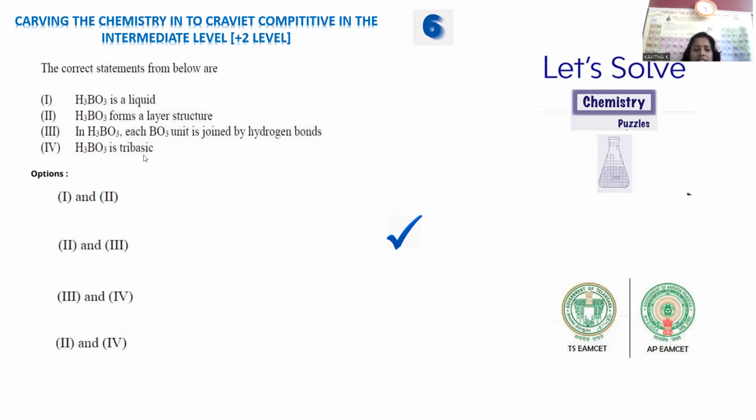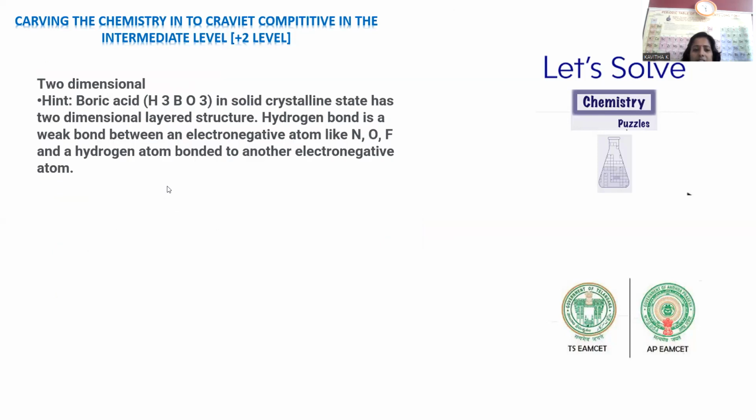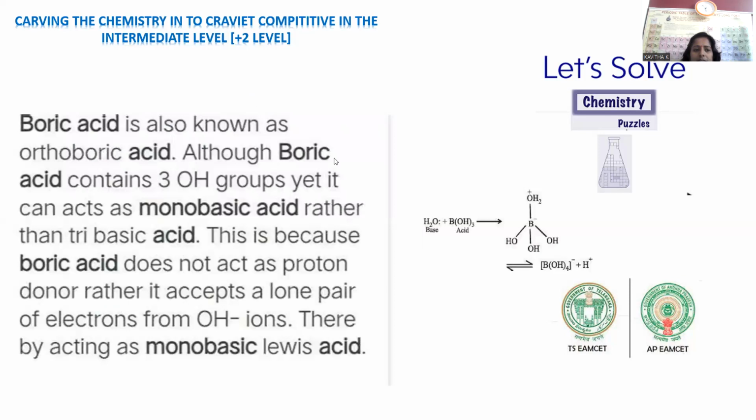H3BO3 is tribasic? The basicity of any acid is given by its ability to release H plus ions, but H3BO3 is not releasing any H plus ions; rather it is accepting electrons. Boric acid, also known as orthoboric acid, contains 3 OH groups, but it is not considered tribasic; rather we can say it is a monobasic acid.